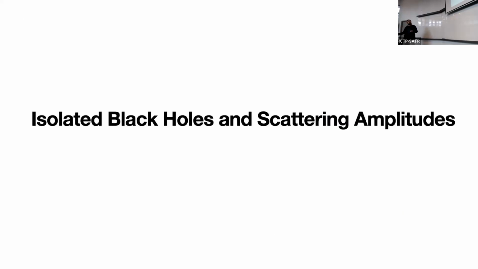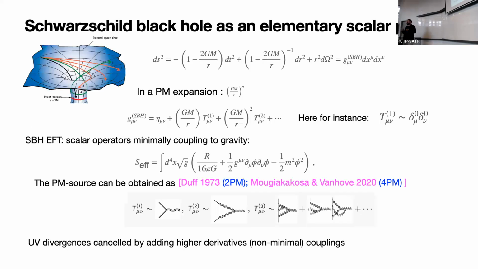So let us start with the simplest case. Instead of considering the two-body problem, let's just consider one black hole. The simplest black hole you can think of is the Schwarzschild black hole. It's described by this metric, so you have a horizon at r = 2GM.